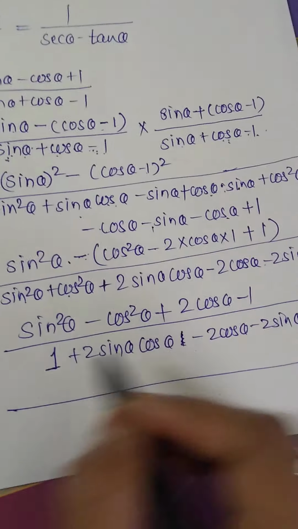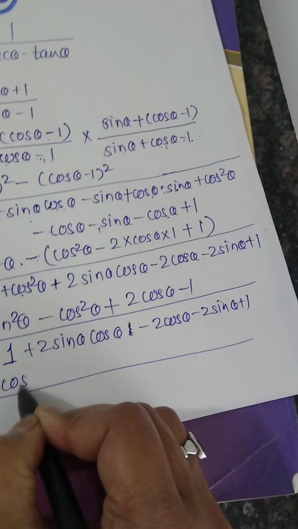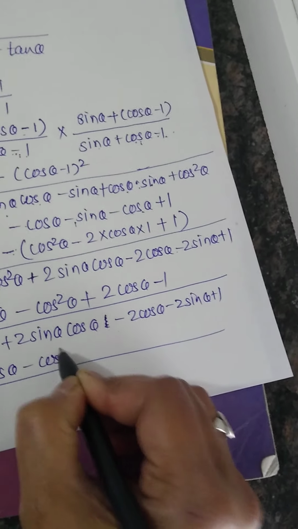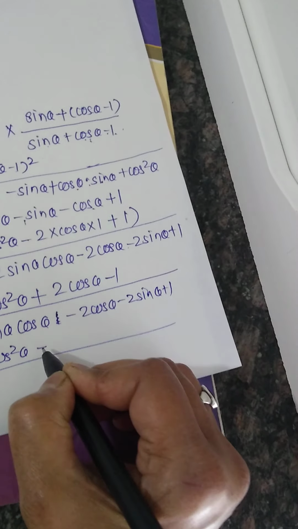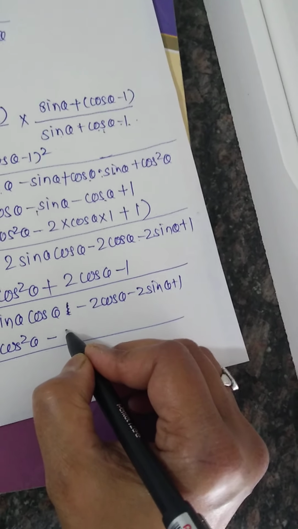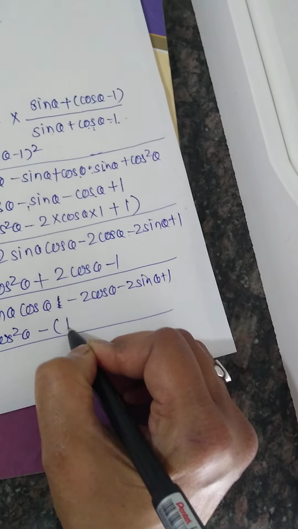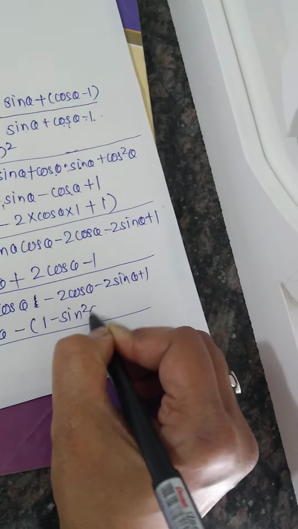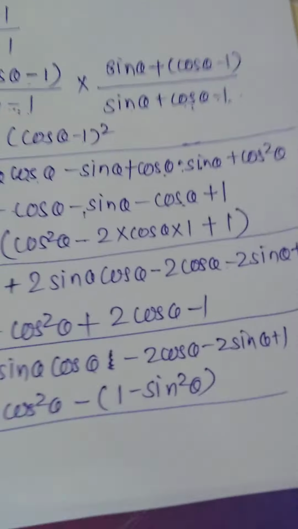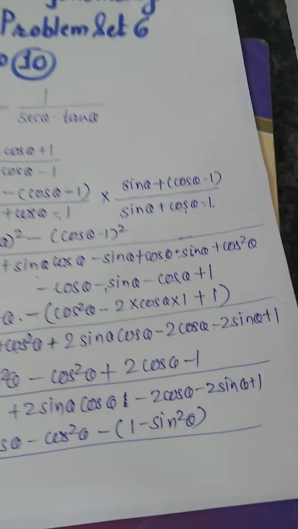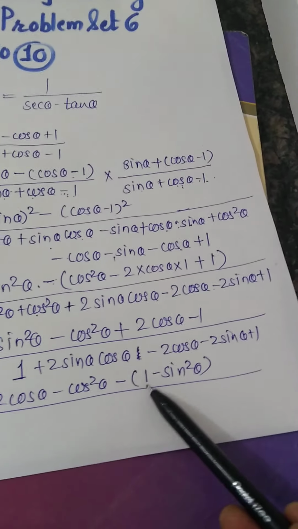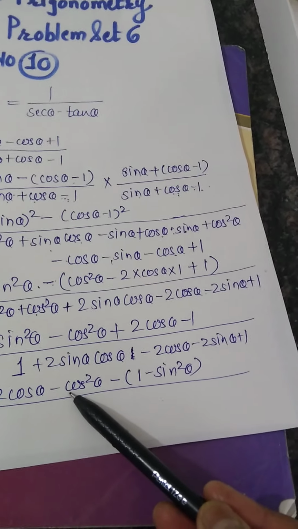So this positive term we have written here, 2 cosθ minus cos²θ minus sin²θ, we have taken again from the bracket. So we can write here 1 minus sin²θ, because we know that 1 minus sin²θ is equal to cos²θ, and here is also the cos²θ term.